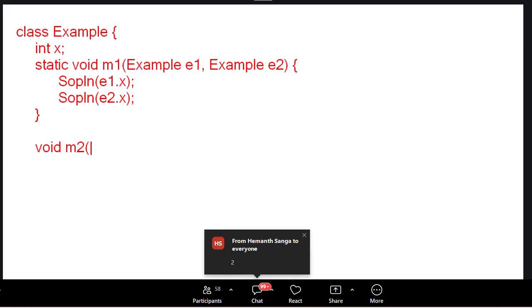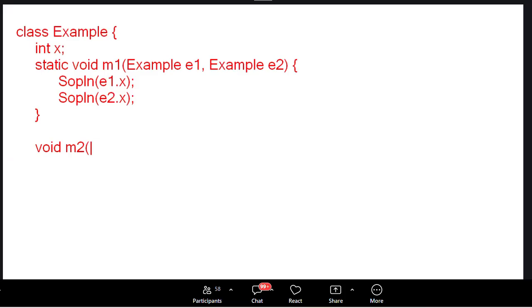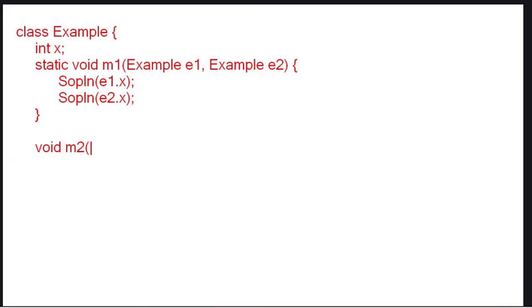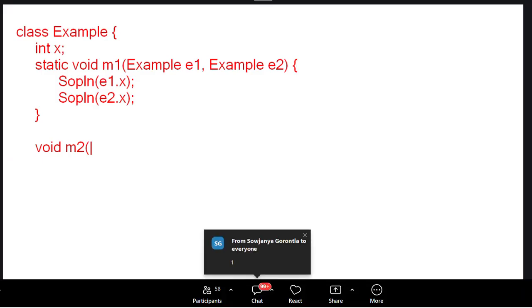If I don't create a parameter, what happened? The object is created. Using the this keyword, how many objects will be received? One object. How many objects am I asking to receive? Two objects. When one method is called, two objects should come. You call M2, two objects should come.